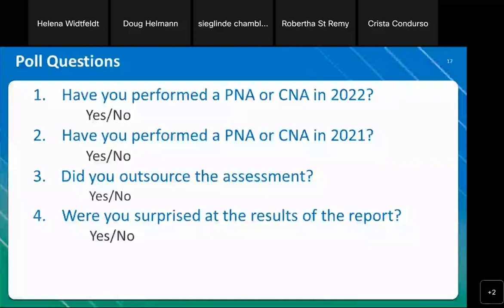All right, the poll is closed and we're just waiting on the results. They usually don't take very long to display. Almost there.